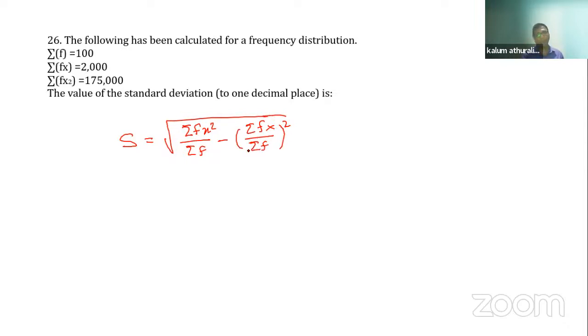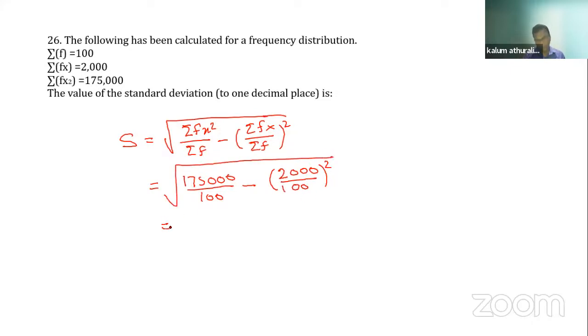Sigma fx squared is 175,000. Sigma f is 100, minus sigma fx 2000 divided by 100, to the power 2, in the square root, and simplify using the calculator.